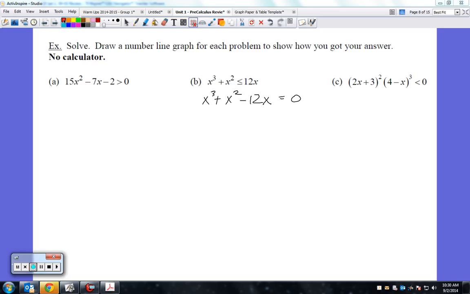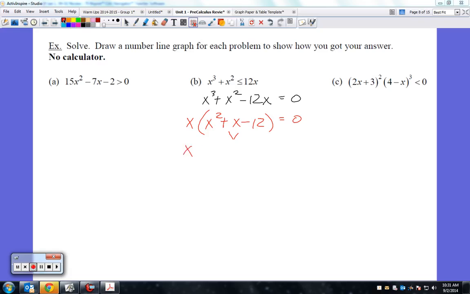I know I'm going to evaluate the inequality later, and now we factor. I would suggest the very first thing is to GCF it out first, and then you can factor this out to 2 binomials. That should be your first go-to, is that GCF.